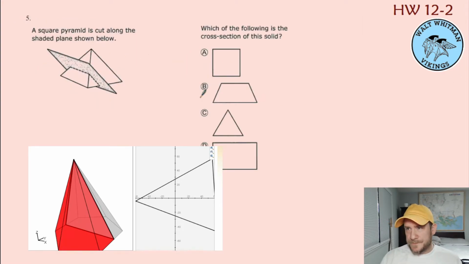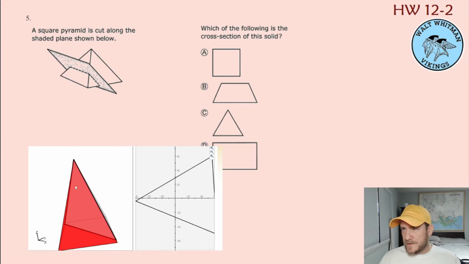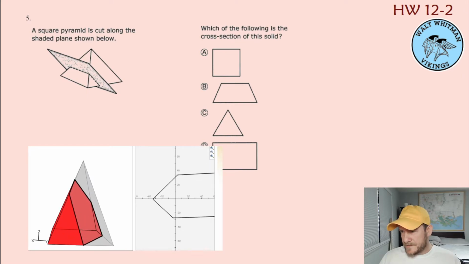So for 5, it says the square pyramid is cut along the shaded plane shown below. Which of the following is the cross-section of this solid? That's kind of hard to visualize. I'll try to show you on the website. I want a square-based pyramid. I'm trying to be at an angle, maybe like that.